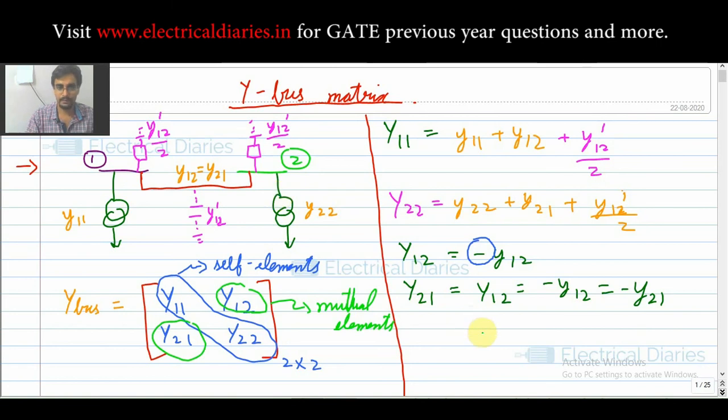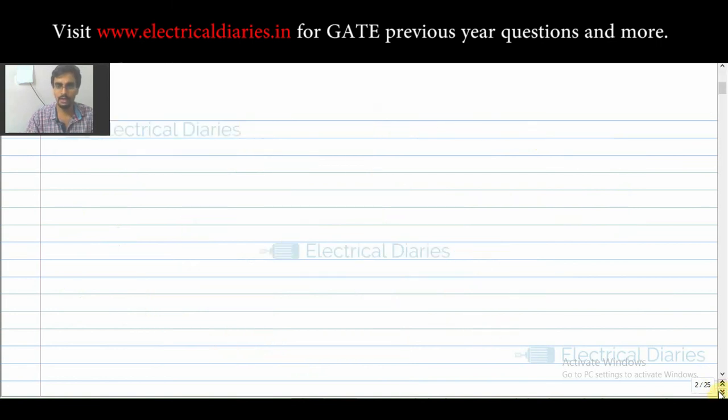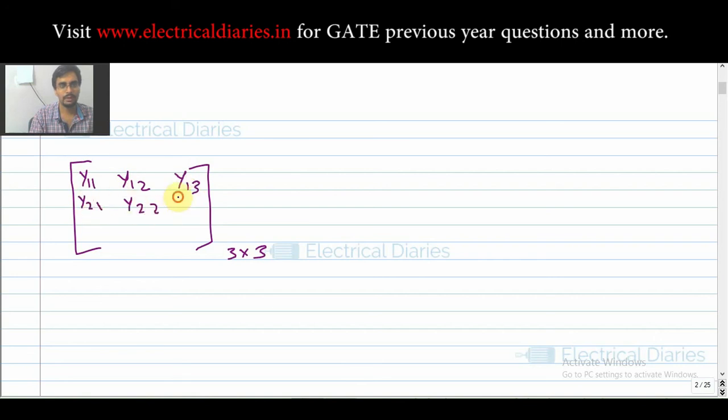For more clarity, I will just write a matrix for a 3 bus power system. So it will be 3 cross 3. The elements will be y11, y12, y13, y21, y22, y23, y31, y32, y33.